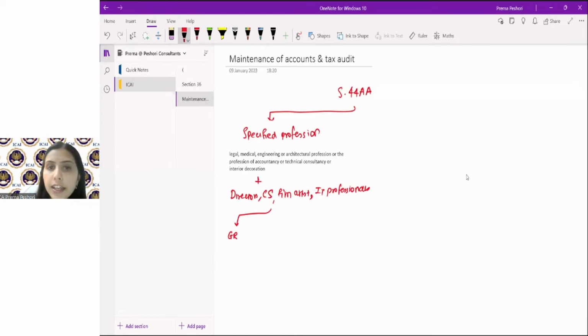If gross receipts exceed rupees 1,50,000, exceeding rupees 1.5 lakh, in all the 3 previous years. In case of a newly set up profession, in that particular case, gross receipts exceeding 1,50,000 in that particular year.